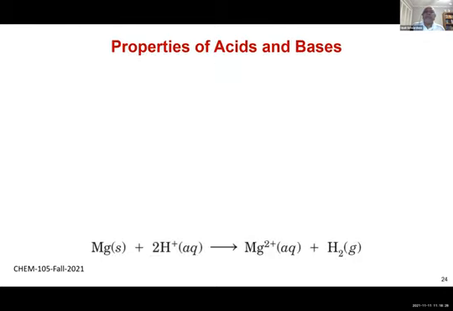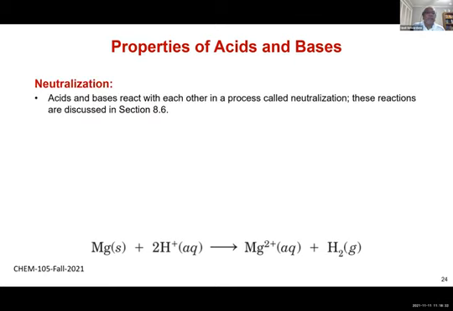Now we're going to look at properties of acids and bases. Acids and bases react with each other in a process called neutralization. These reactions are discussed in 8.6. Reaction with metals: metals also react with acids.